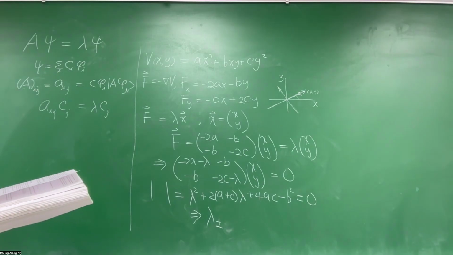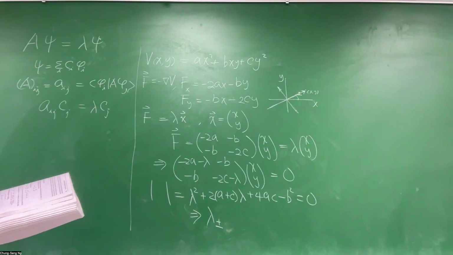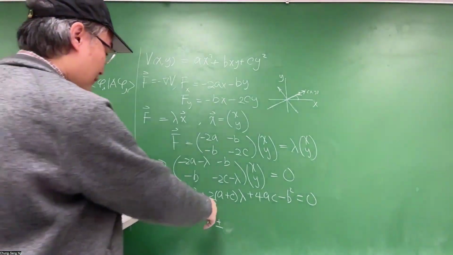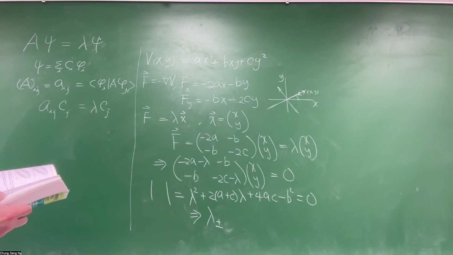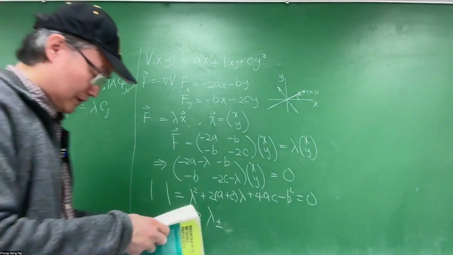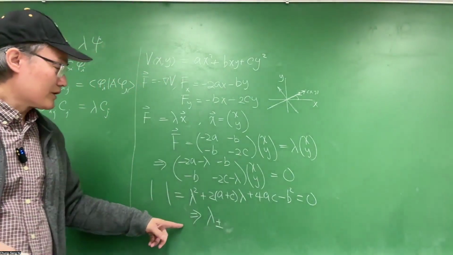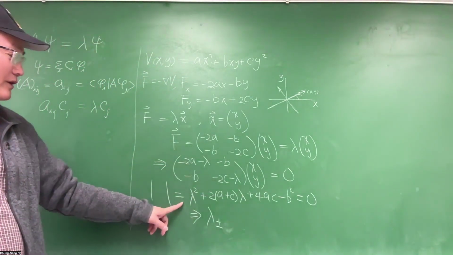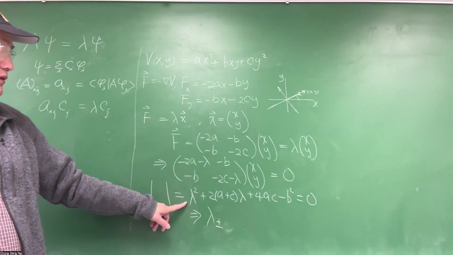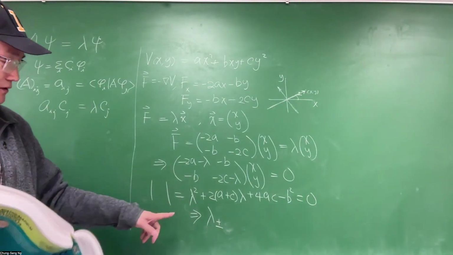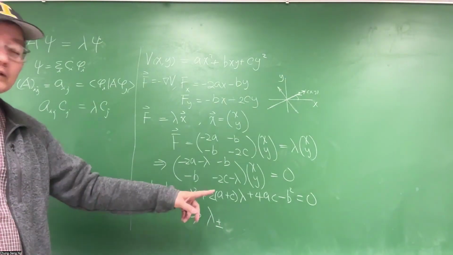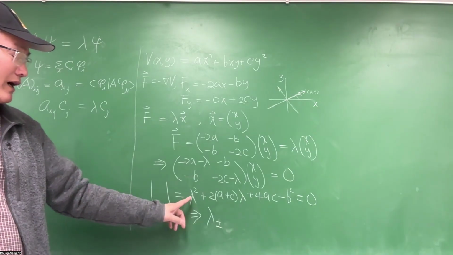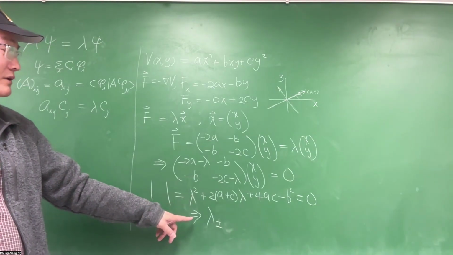Your text actually doesn't even write it there, but that doesn't matter. This is the equation for the eigenvalue. I think this is called the characteristic equation for the eigenvalue, and it allows you to solve for the eigenvalue.